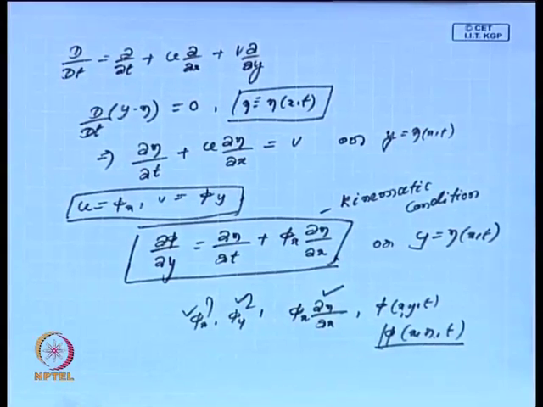So, what is the complexity of the problem? Although we deal with the Laplace equation as the governing equation, the two boundary conditions which are satisfied on the same surface y is equal to eta are nonlinear, and that makes the problem more complex and difficult to solve in general. That is one of the biggest problems associated with water wave problems.